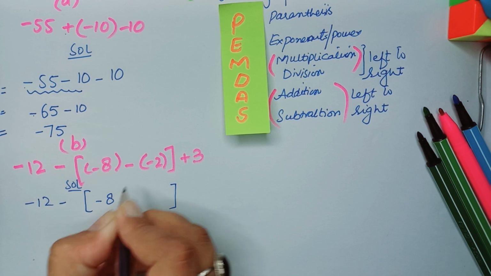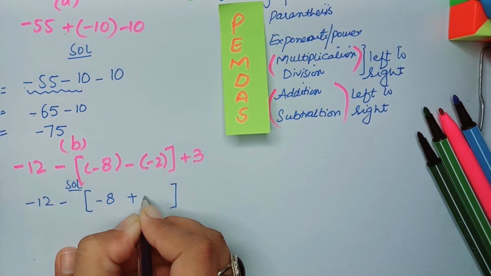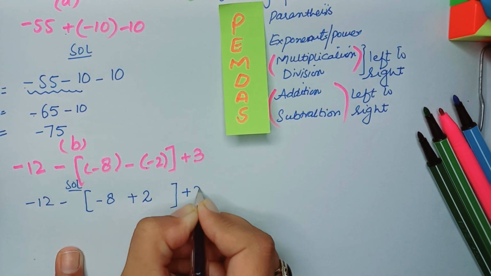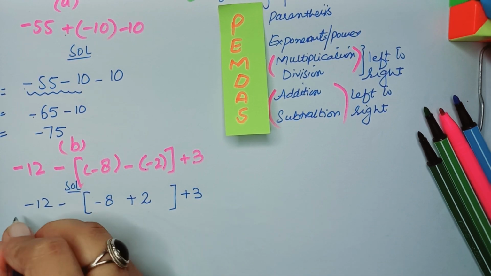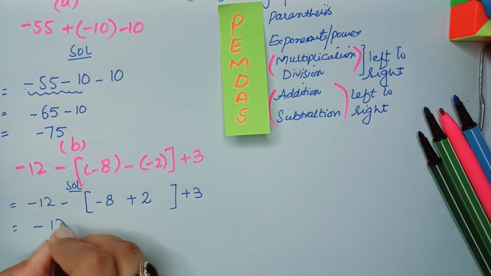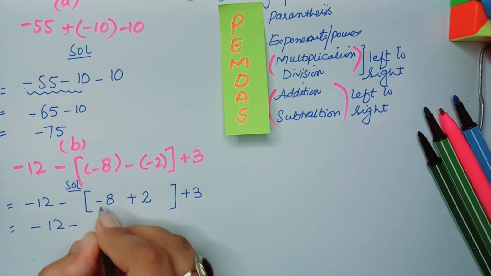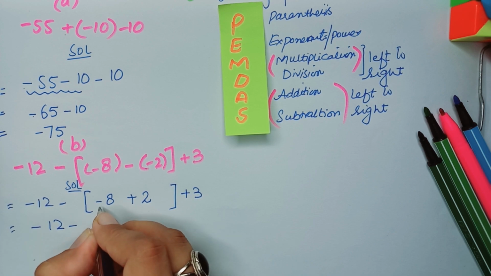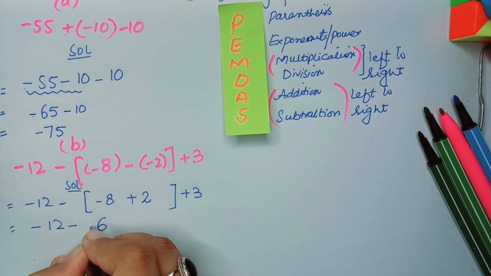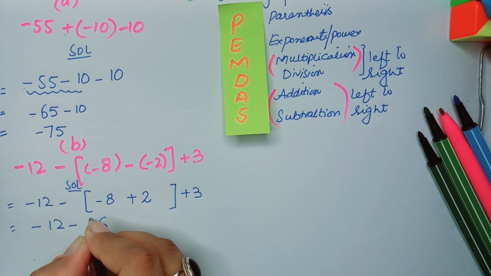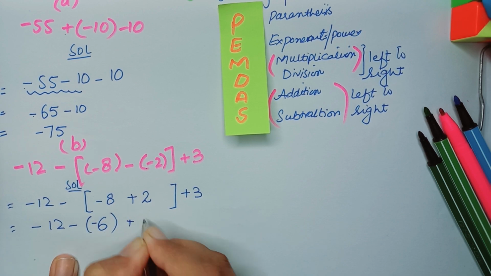Minus 8. Now minus minus would be plus. Now still we have minus plus would be minus. So when we subtract, you will get 6, and the sign is of the bigger term. So the bigger term sign is minus. So we can put here minus, and we will enclose it in the bracket.